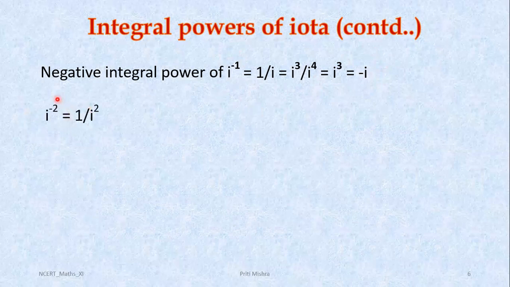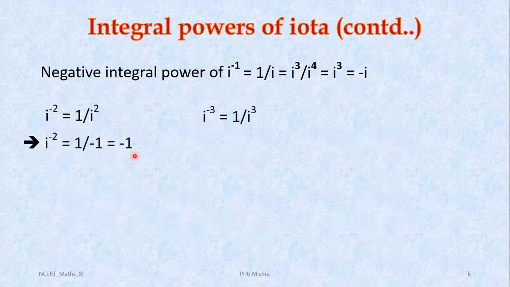Next, we will find i raised to the power -2. It can be written as 1 upon i square, and i square is equal to -1. So we have i raised to the power -2 is equal to -1. If we have to find i raised to the power -3, then we can write it as 1 upon i cube, right?